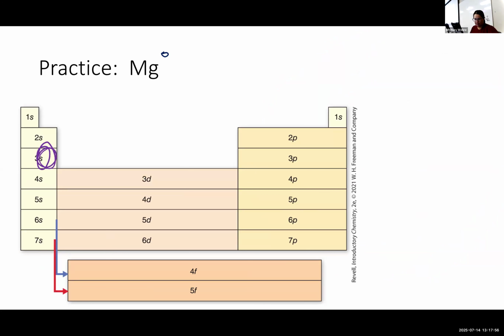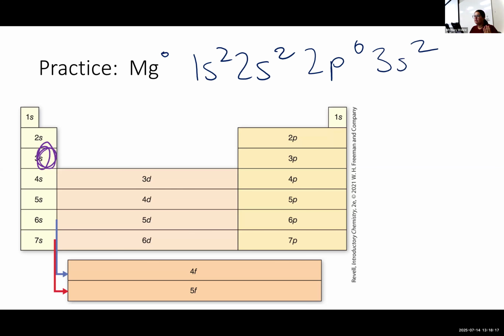What am I going to start with? 1s2, 2s2, 2p6, 3s2. Correct. That is the electron configuration.